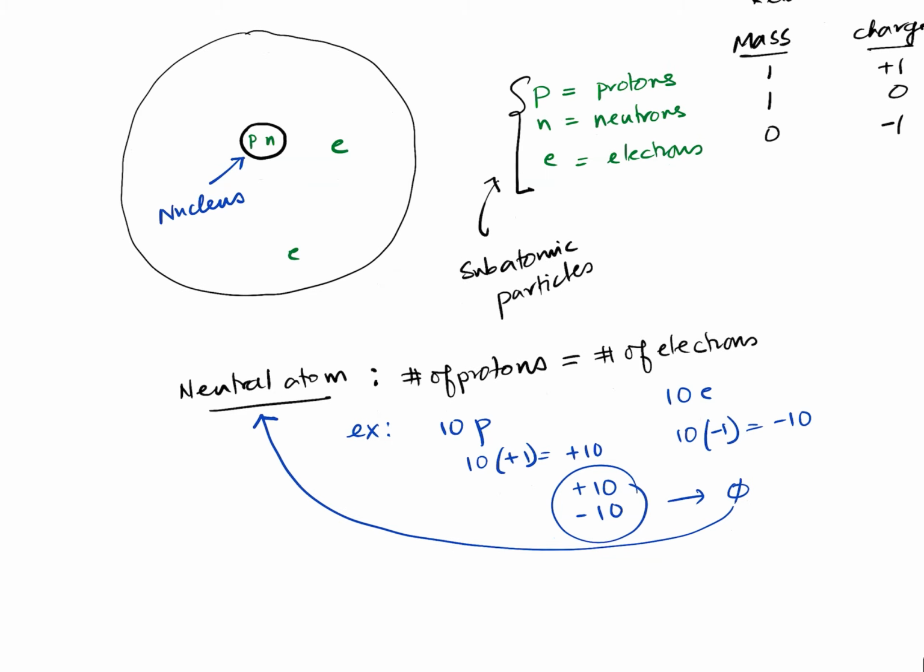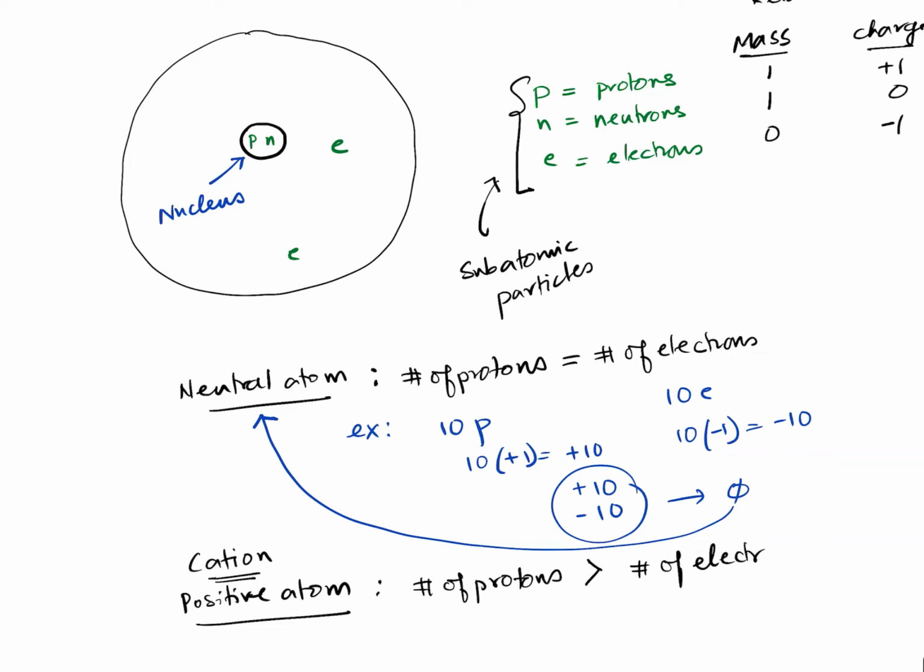Now you can have an atom that is not neutral. You could have a positive atom. If you have a positive atom, it is called a cation. So I'll write that out here, cation. And the cation has more protons than electrons, so the number of protons is greater than the number of electrons.